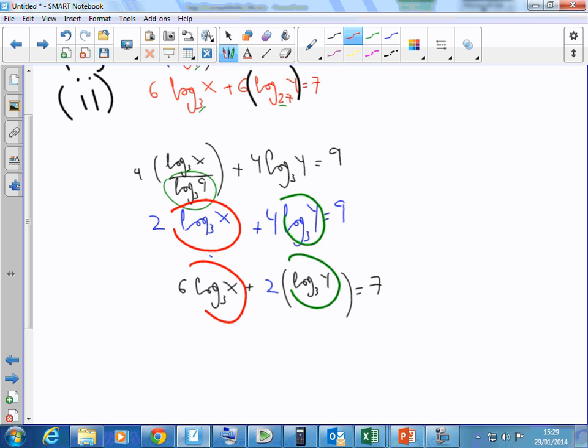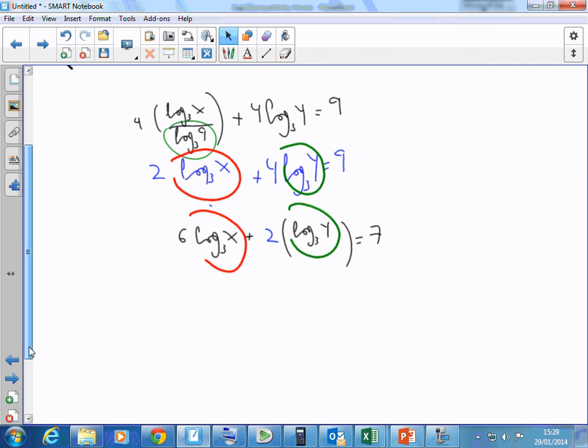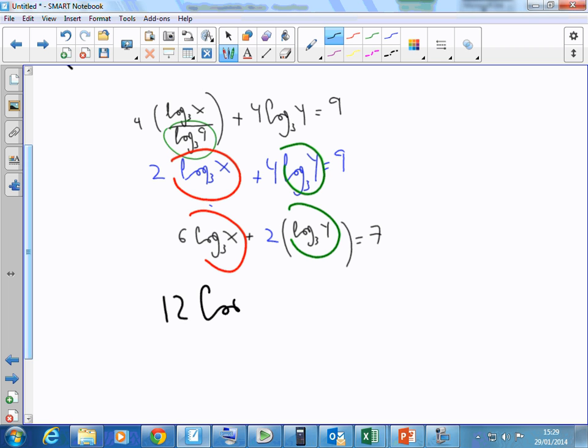So you imagine simultaneous equations. The green part I can eliminate by doubling the second equation and subtracting. I times everything by 2, so I'll do that now. So it's 12 log to the base 3 of x plus 4 log to the base 3 of y is equal to 14.